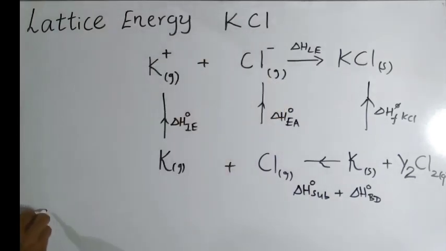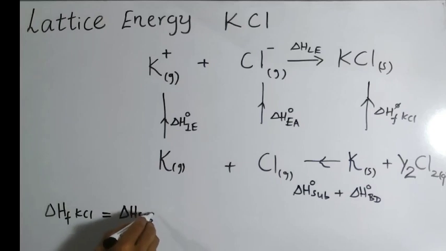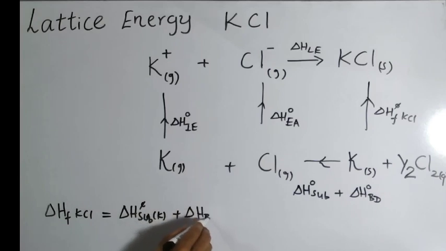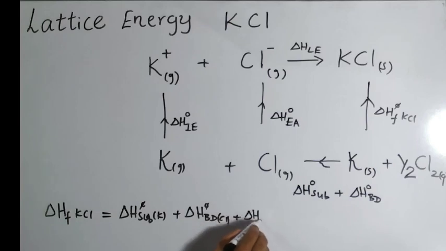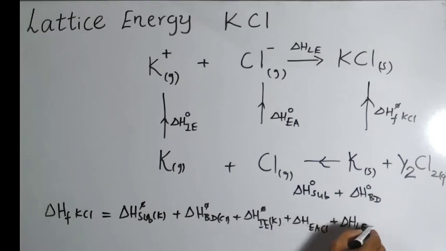So I am going to write the enthalpy of formation of potassium chloride should be equal to these values: sublimation, that is for potassium, and bond dissociation, that is for chlorine, first ionization energy of potassium and electron affinity of chlorine, plus lattice energy for KCl.